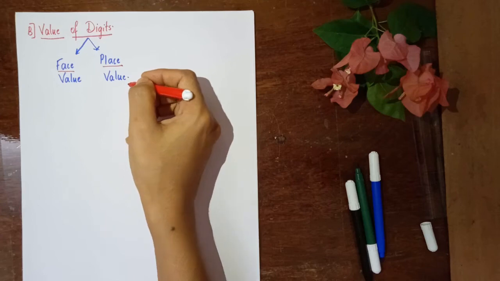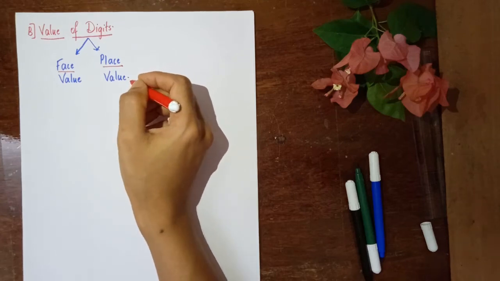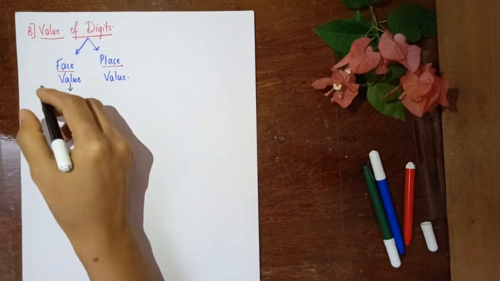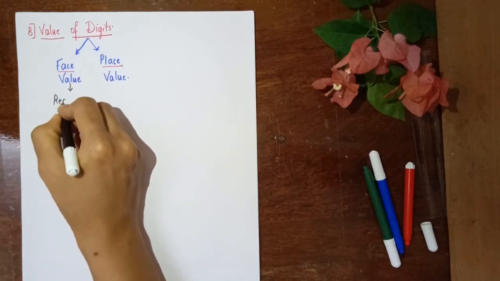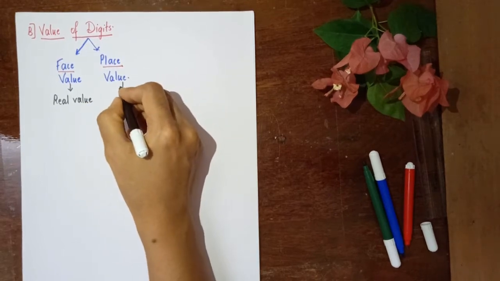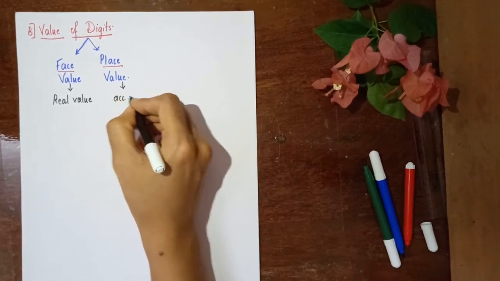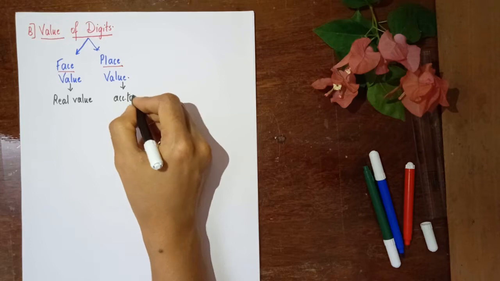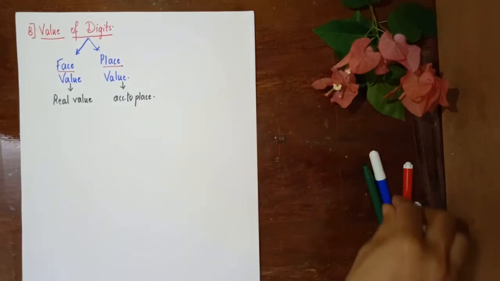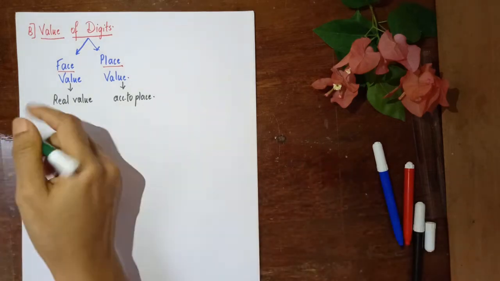Okay, so let's understand with an example. You will understand it when I give you an example. Before that, I'll just write it down. This is nothing but the real value, and this is according to place. Now I'll give you some examples to make you understand it in a better manner.